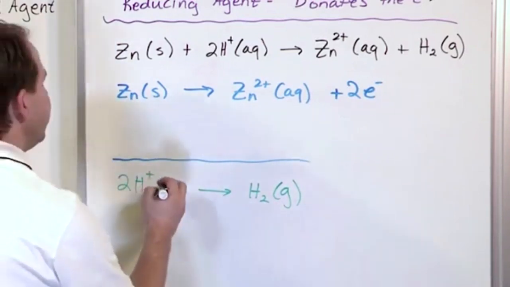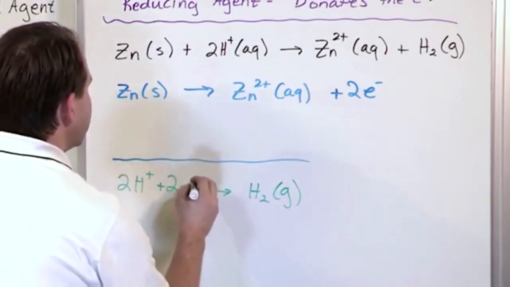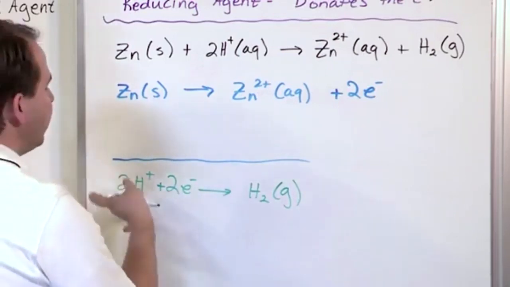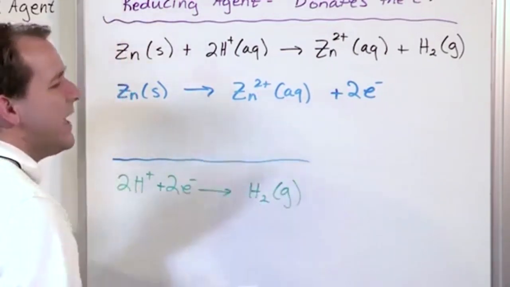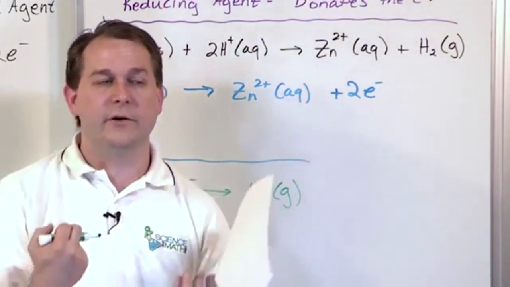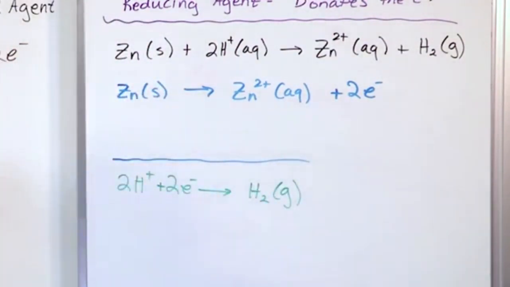The only way that you can do this is if this gains two electrons, because these two electrons are going to combine with these two ions, giving you two neutral hydrogen atoms, and anytime you have hydrogen, it's a diatomic, so it just always clumps together in terms of molecular hydrogen, in terms of molecule. All right, but this is the one of the half reactions.